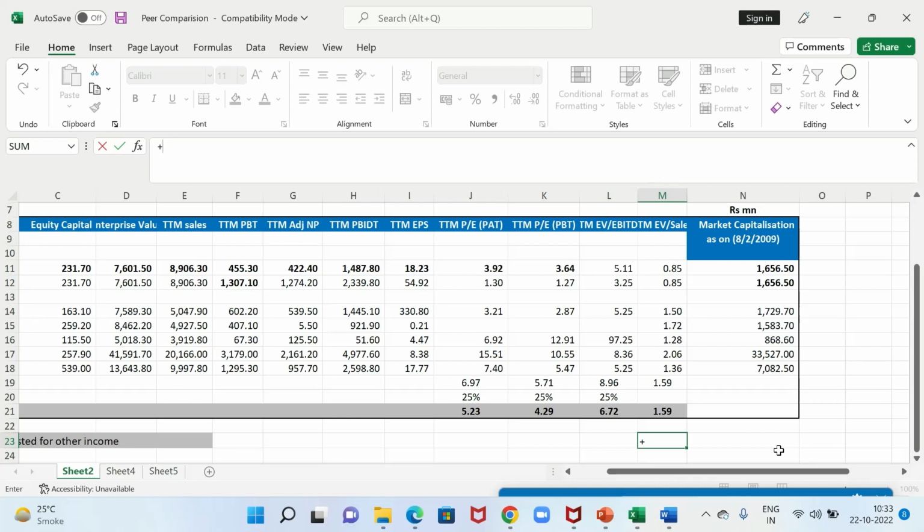Suppose I have to multiply this with my sales. This is the enterprise value I expect, multiplied by the listing discount, which is 25%, 1 minus t. This is the value that I expect as a ballpark figure. That's how we do it.